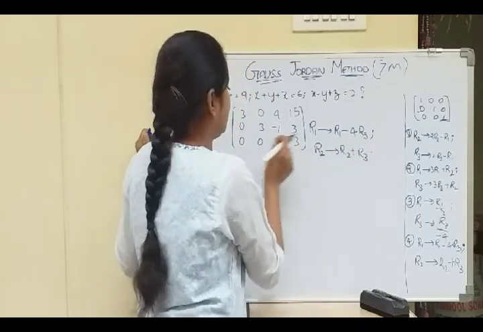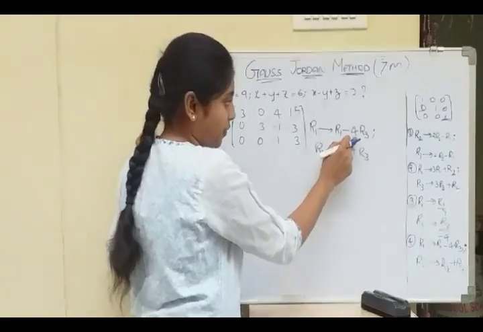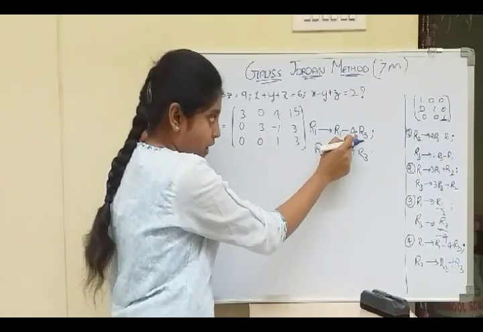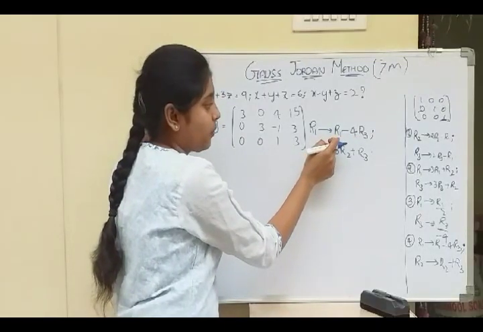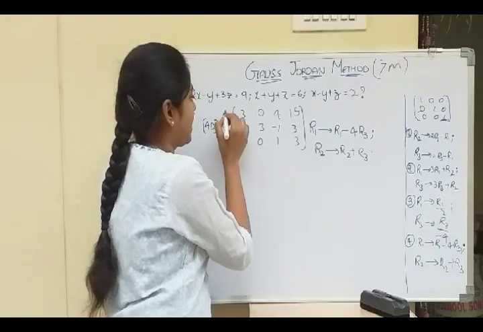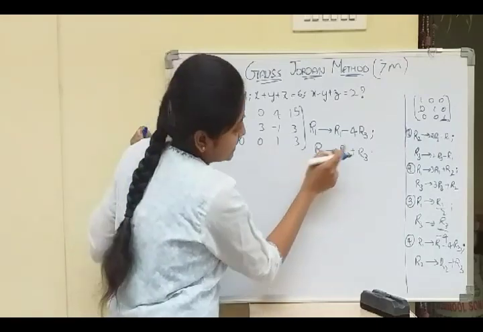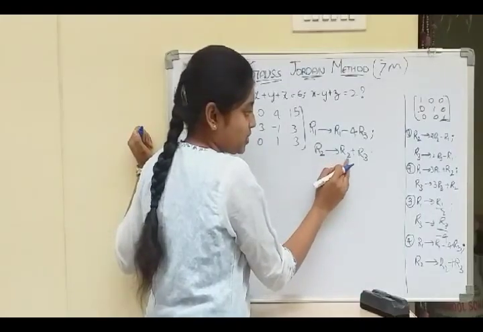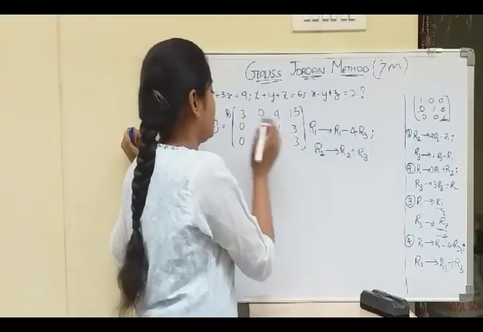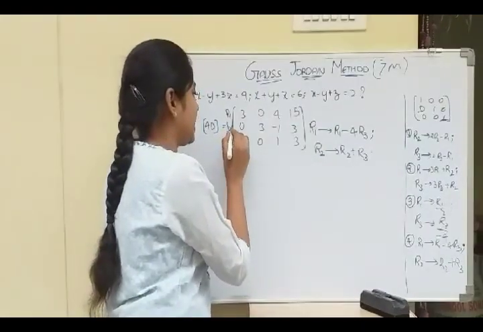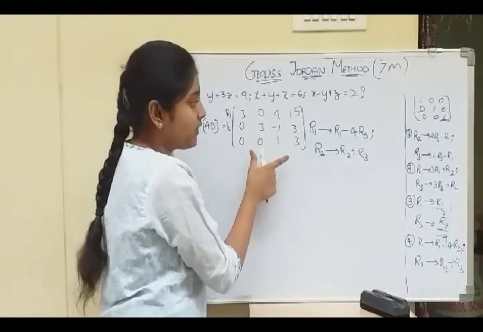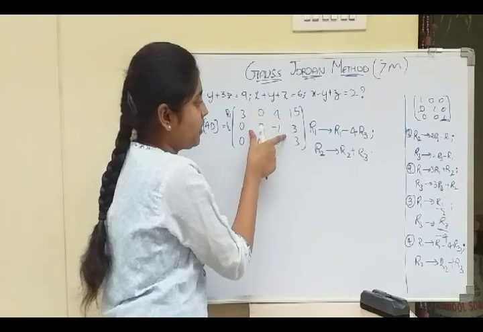Means we have to multiply row 3 with 4 and subtract it from row 1. Parallelly we will do row 2: row 2 gives rise to row 2 plus row 3. Means we will get change in row 1 and row 2, not in row 3. By using row 3 we will change row 1 and row 2.